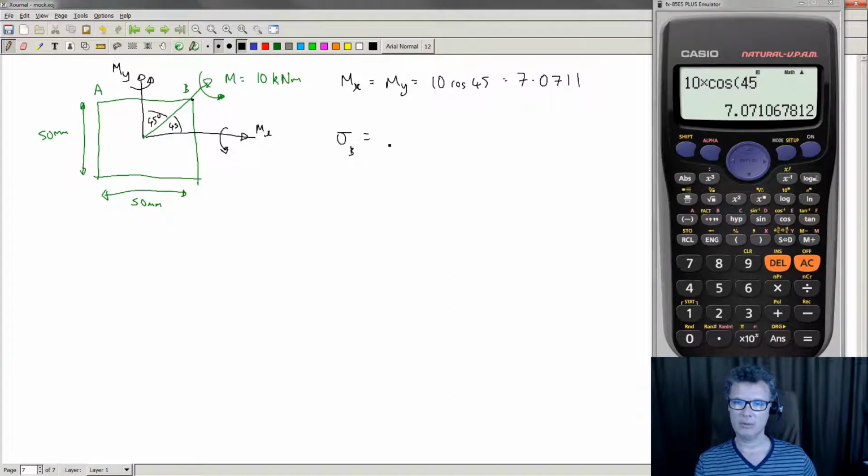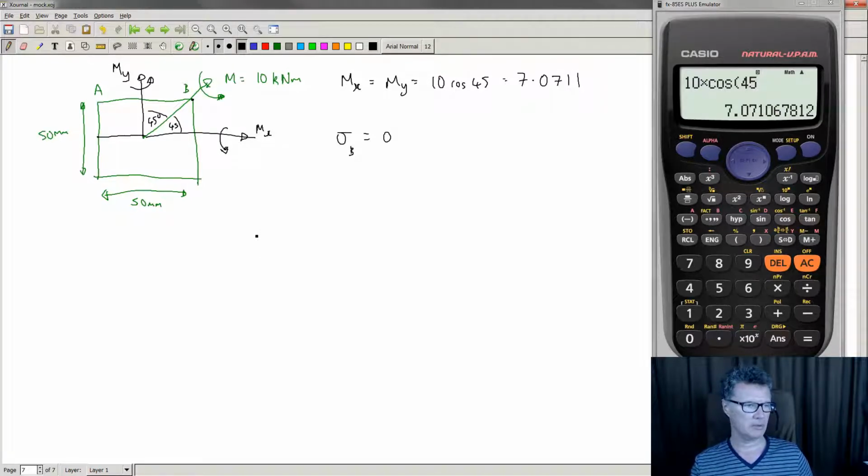So that one we can work out just by looking at the problem. What about A? Well, A, we can see that our turning moment here, this one is going to be pulling it out, and this one is also going to be pulling it out. So the overall stress is going to be a combination equally of these two values added together.